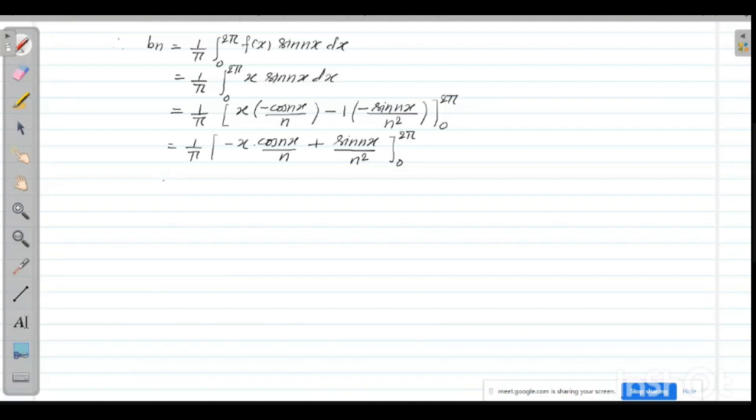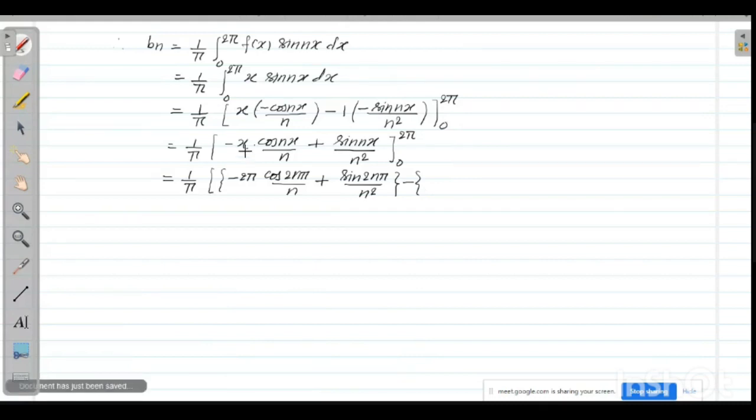So this equals 1 upon pi, just providing the upper limit minus 2 pi into cos 2n pi by n plus sin 2n pi by n square. This is your upper limit minus lower limit.